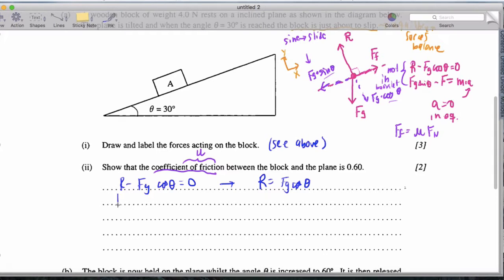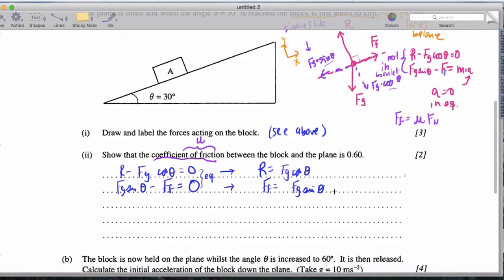Now we also have Fg sine theta minus the force of friction equals, and in this case we're in equilibrium, so it equals 0. So in other words, I just want to emphasize we're in equilibrium. So that's going to give me the friction force equals Fg sine of theta.